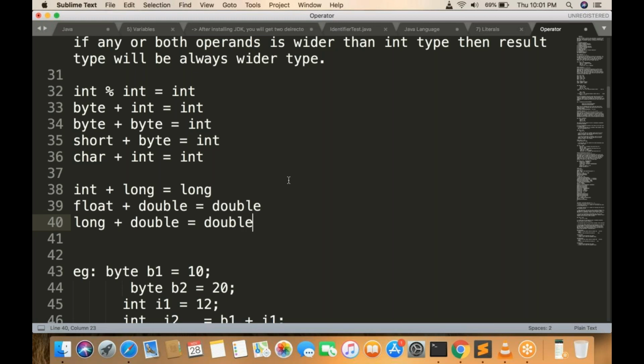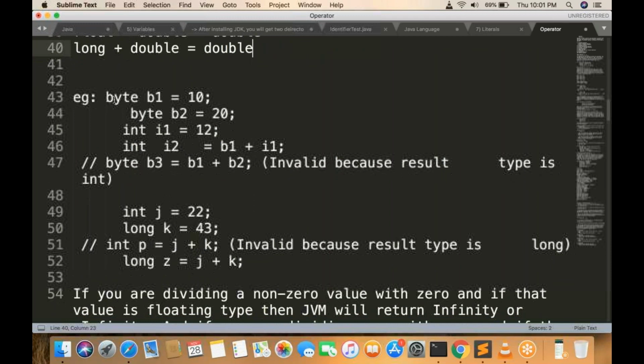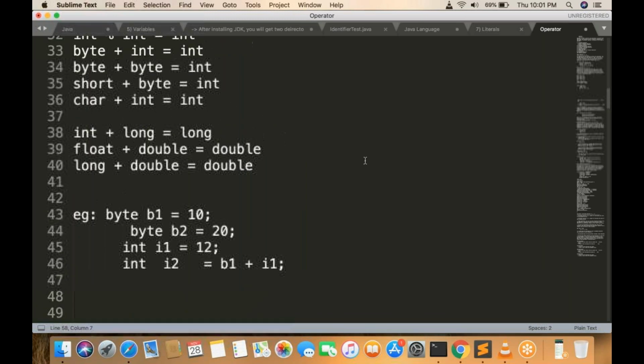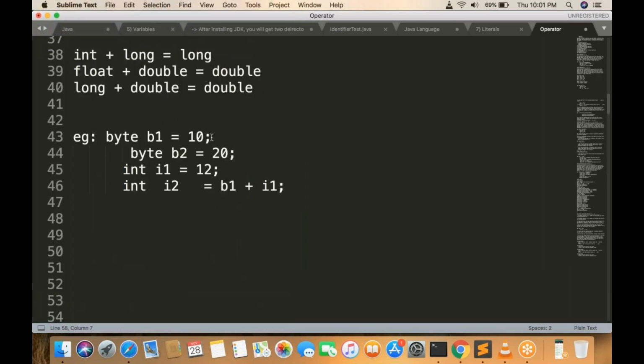Clear? So now see the example. Byte b1 is equal to 10, byte b2 is equal to 20.